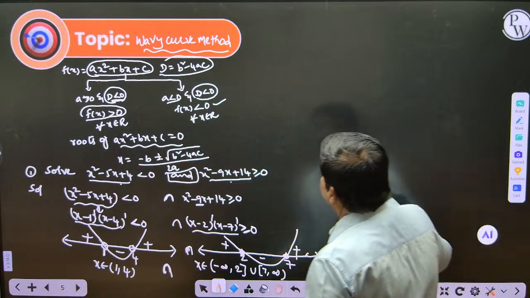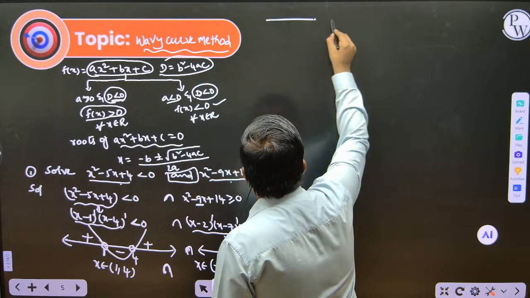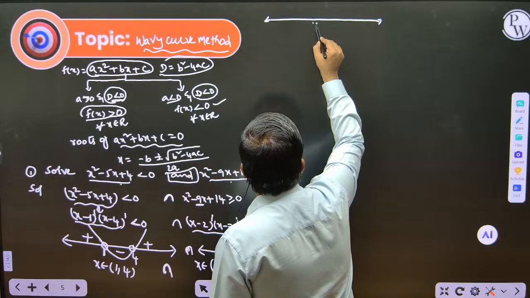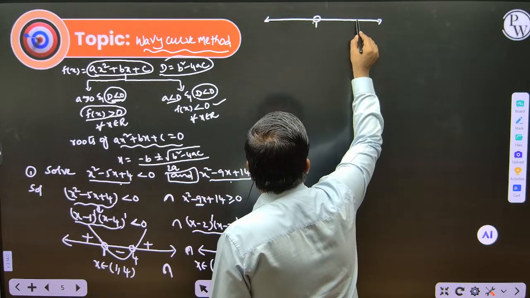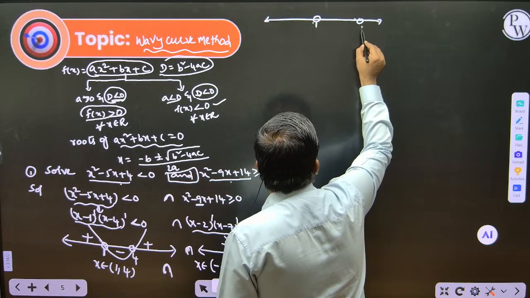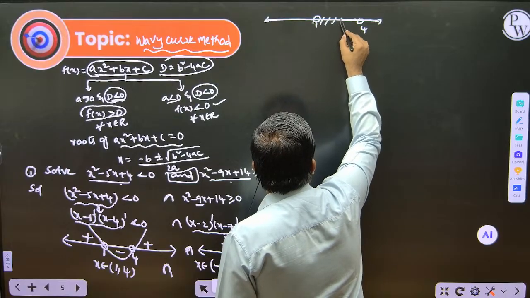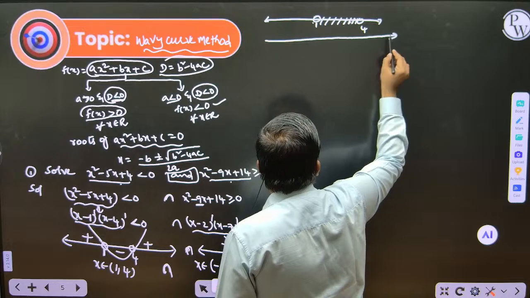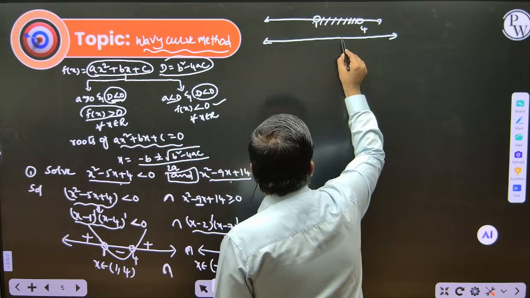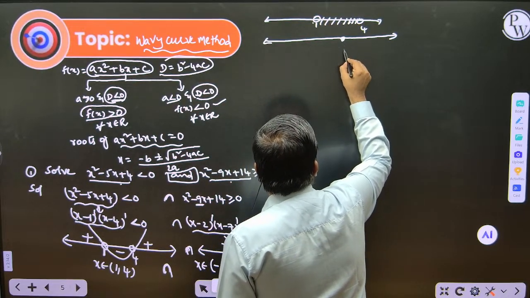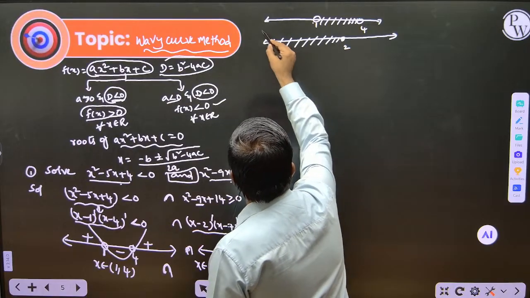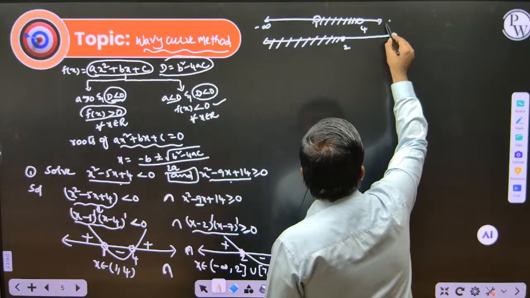So he asked only the common part of this. First one, the common part is what? Here is a 1 and here is a 4, or not. So this is the first case. And what is the second case? Here is a 2. This total part is minus infinite to plus infinite.